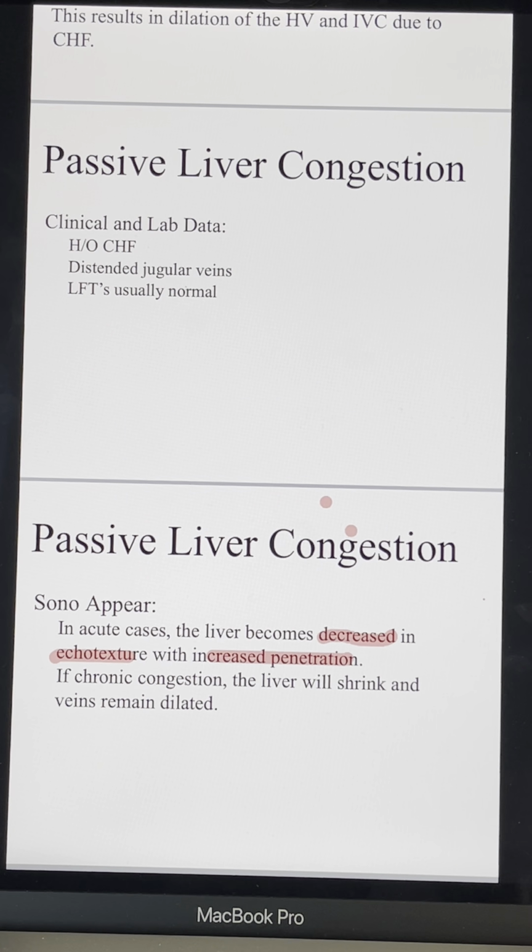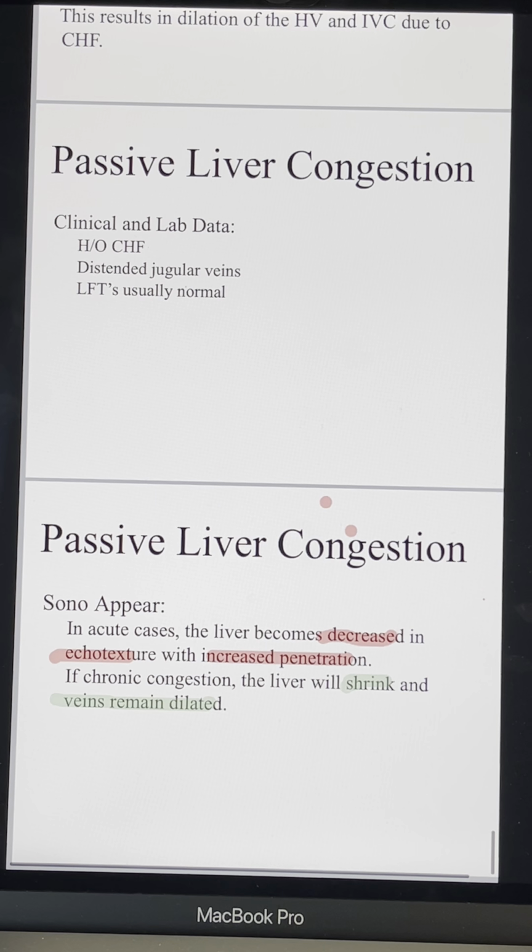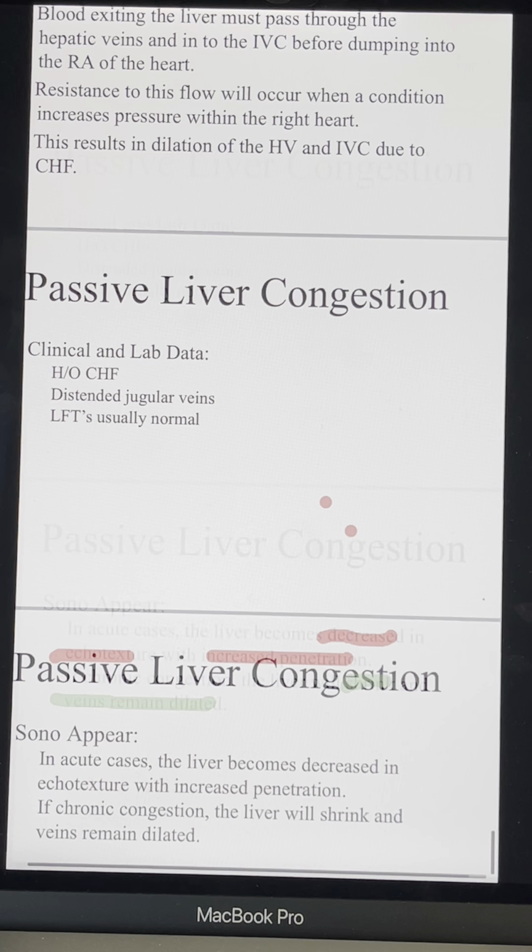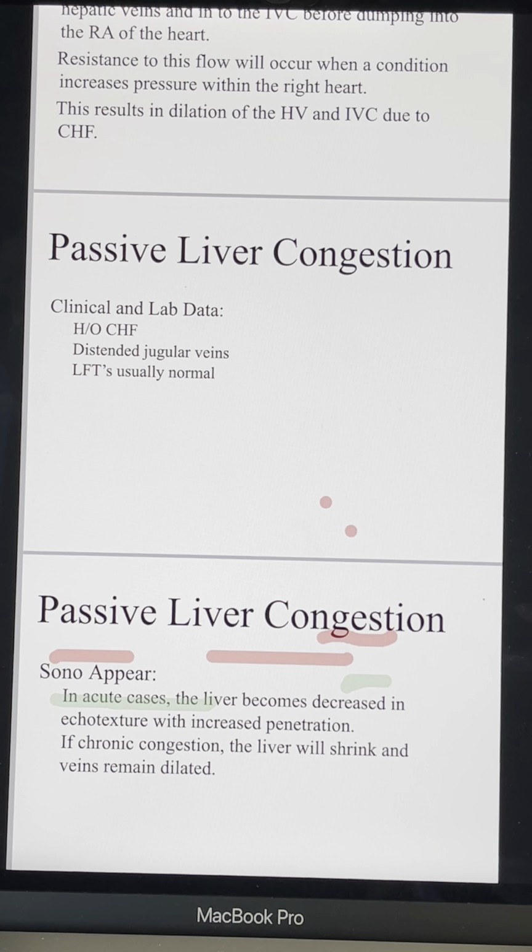In chronic, the liver will shrink and the veins remain dilated. So this is about passive liver congestion. So mainly we need to know that passive liver congestion usually comes from congestive heart failure. Any question on any of these? Okay, anything you want to ask me?